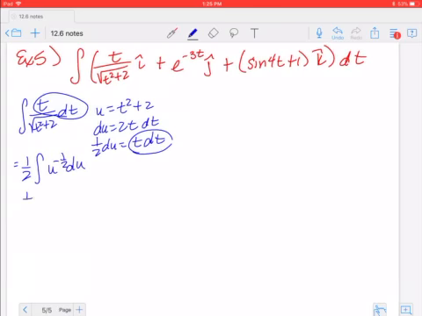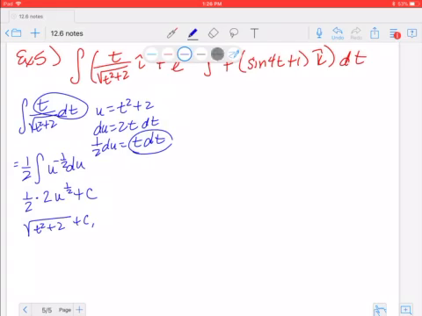We take that antiderivative, I've got my 1/2, and I bring that in front, that's going to be times 2u to the 1/2 plus c. So this is really going to be the square root of t squared plus 2, plus c, that first plus c. That c is all going to be combined into my vector value at the end, so it's just going to be a c there at the end.